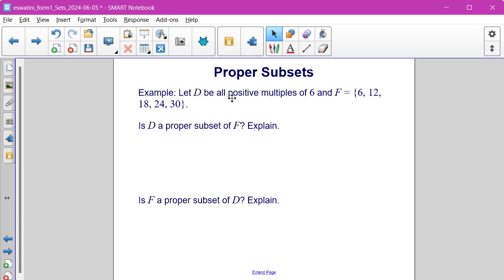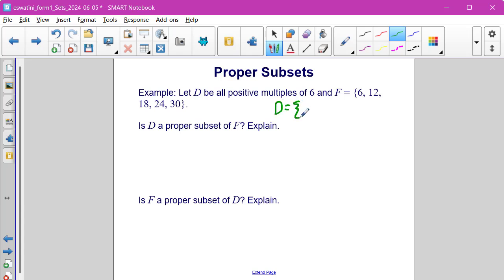Let's let D be all the positive multiples of 6, and set F be the set 6, 12, 18, 24, and 30. So then, is D a proper subset of F? Explain. So first, let's write out what set D is in tabular form to make it easier for us to analyze it. So set D are all the positive multiples of 6.